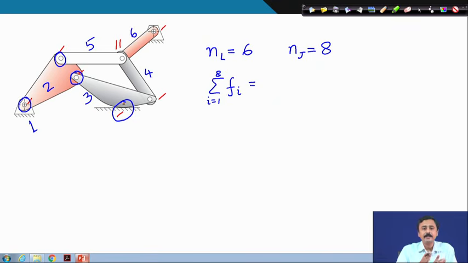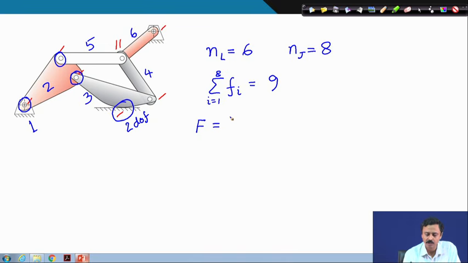In this point contact, it can allow both sliding as well as rolling, without losing contact, of course. Therefore, this higher pair has 2 degrees of freedom. So, let us count once again the summation of degree of freedom of individual kinematic pairs: 1, 2, 3, 4, 5, 6, 7, 8, 9. Therefore, the summation of degree of freedom of all the kinematic pairs taken together is 9.